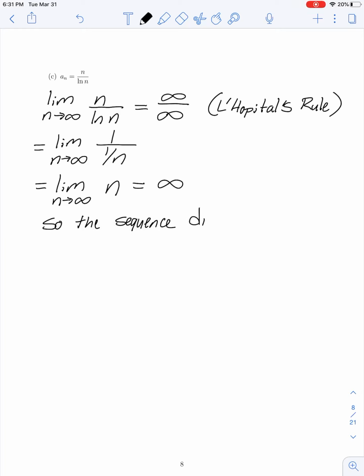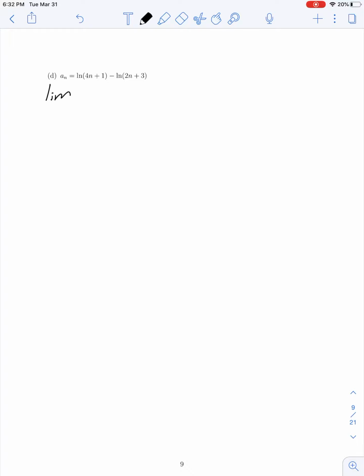In part D, a sub n is the natural log of 4n plus 1 minus the natural log of 2n plus 3. And we're going to take the limiting value of this nth term as n approaches infinity. So here, the limit of the difference in these logarithms.